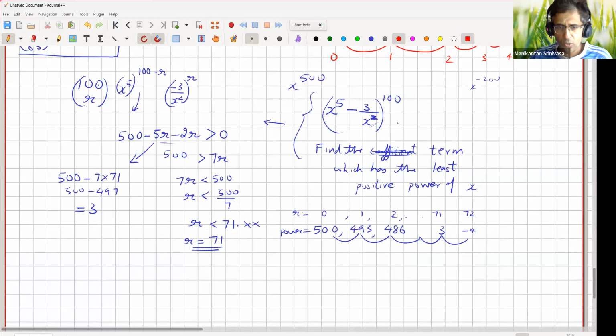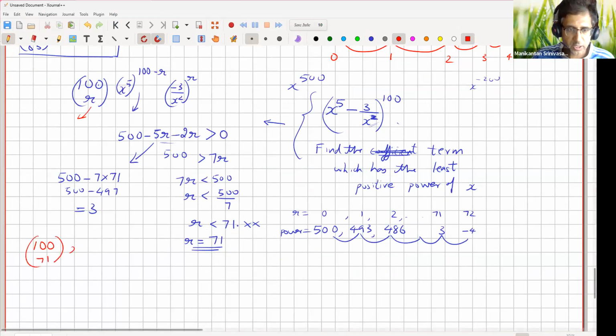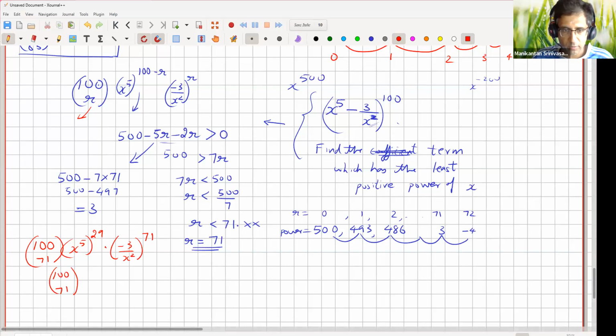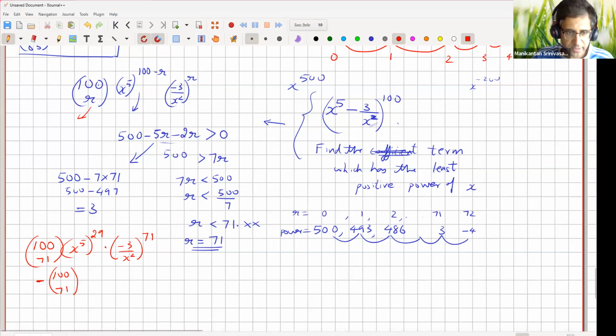So I've established r equal to 71. So let me put back r equal to 71 here. So the term becomes 100 choose 71, x power 5 times (100 minus 71), which is 29, and then (-3 by x squared) whole power 71. Let's verify. So what do we get? 100 choose 71. First of all, (-1) power 71 will be a negative sign. So I'll put a negative sign here.